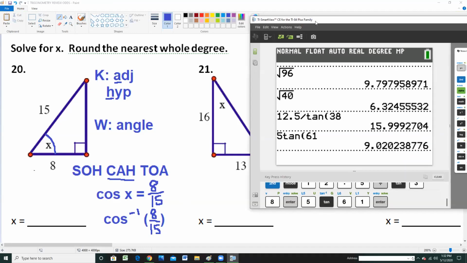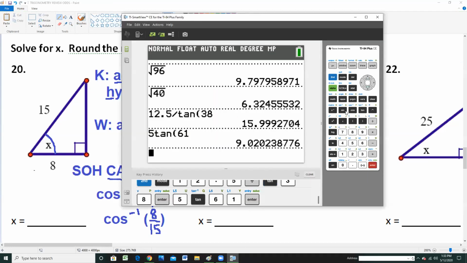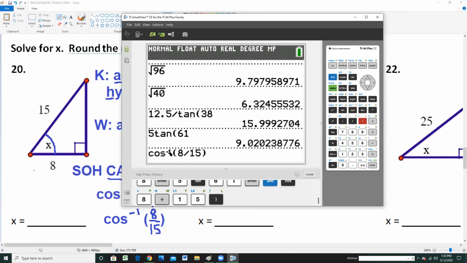Okay, so let's put this up here. On this calculator, it's got a second button in blue. And if you hit the second button and then the cosine button, it gives you 8/15 right there. It gives you the inverse function. That's just the one that has a little -1 on it.